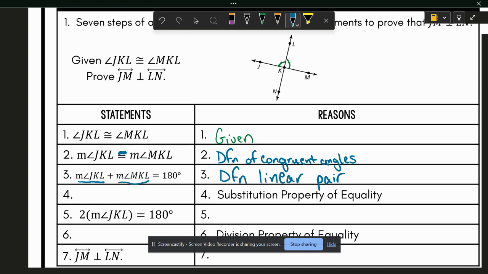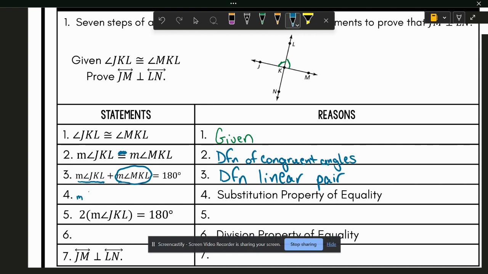What could I substitute in here so that I can combine it to get 2 times the measure of JKL? Not 90. We don't necessarily know yet that it's 90. Could you do like a bisect? We couldn't necessarily do a bisect yet because we haven't proven yet that it's a bisect.